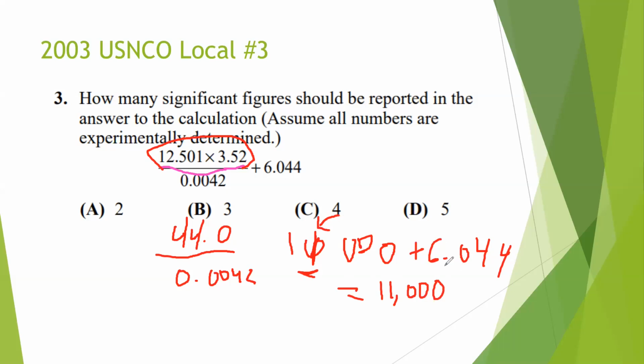So adding 6.044 is basically like adding 0. Because this is the thousands digit and we're not adding anything to the thousands digit or anything close, so it could round up. So how many significant digits are in 11,000? 2, yes. So that's why the answer is 2.